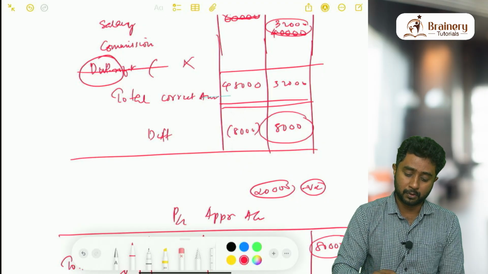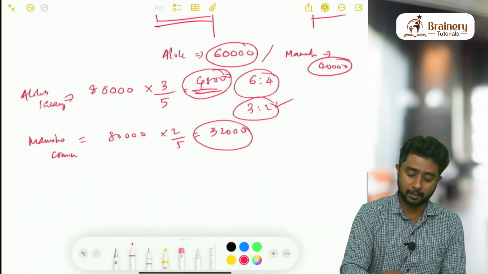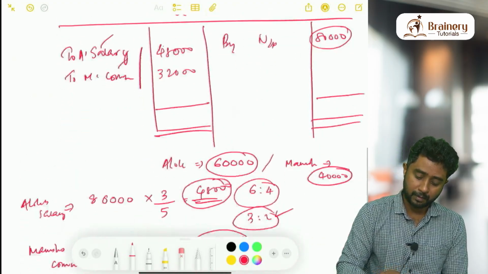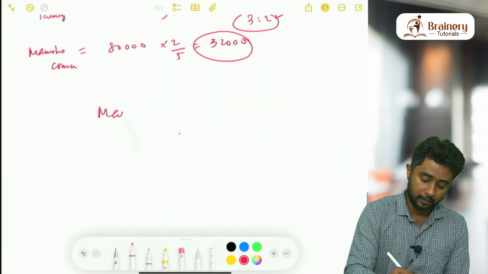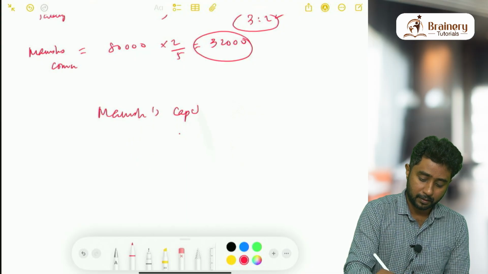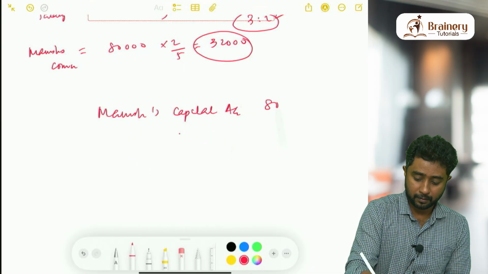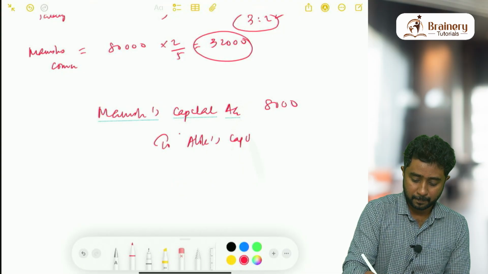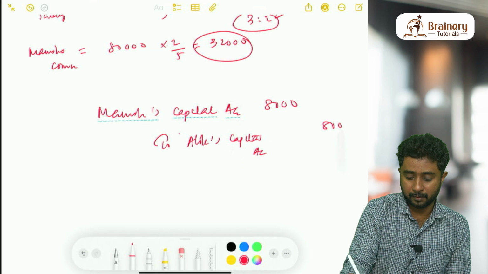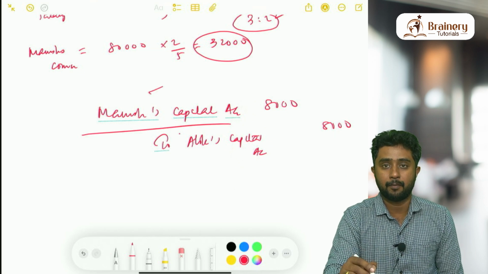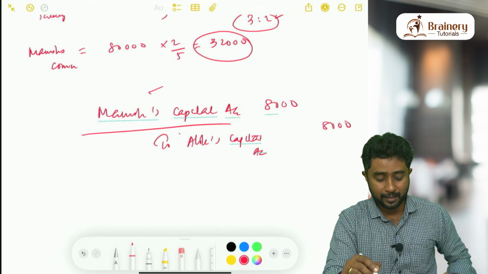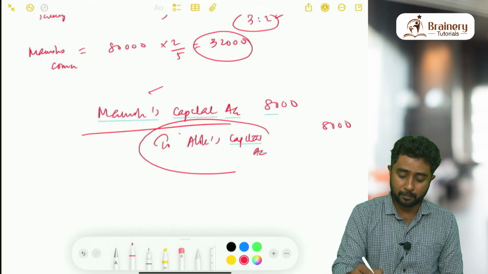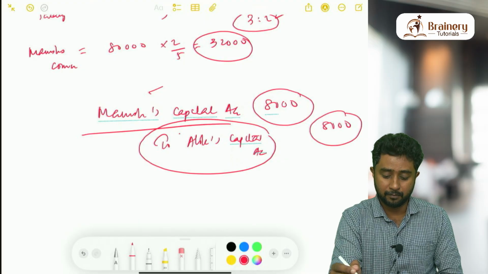So when we pass the entry, Manish has to pay: Manish's capital account debit 8,000 to Alok's capital account. The reason is that we are taking the money from Manish's capital account, so we debit it, deducting the amount from his capital and transferring it to Alok's capital account, 8,000.